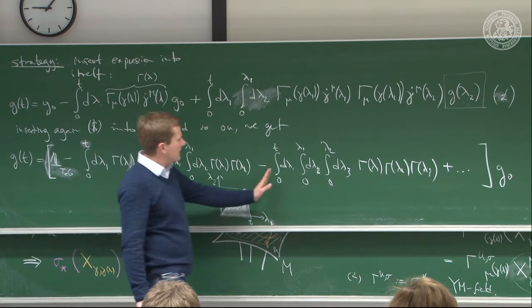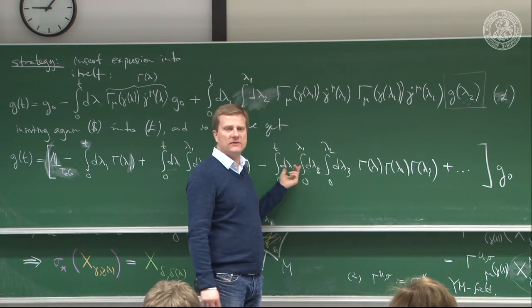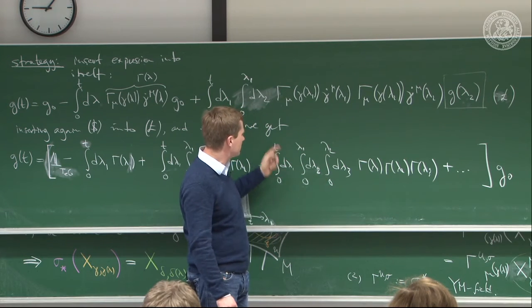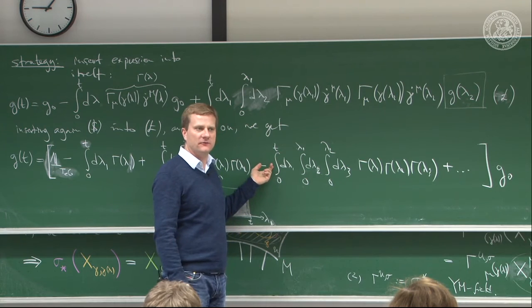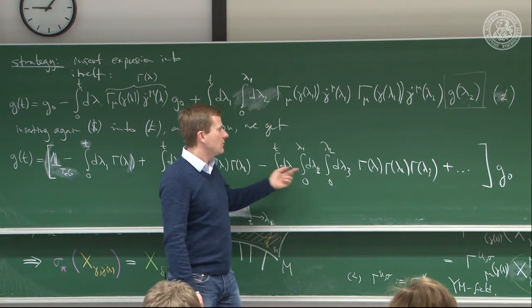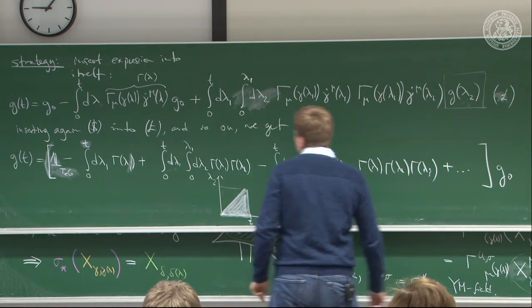And you can let this run, so you do the same thing in 3 dimensions, over the entire domain 0 to t, 0 to t, 0 to t if you put a 1/3 factorial in front. 1/4 factorial, 1/5 factorial.